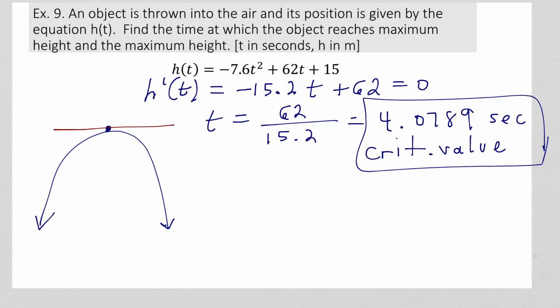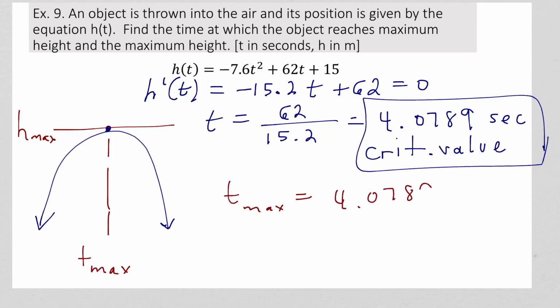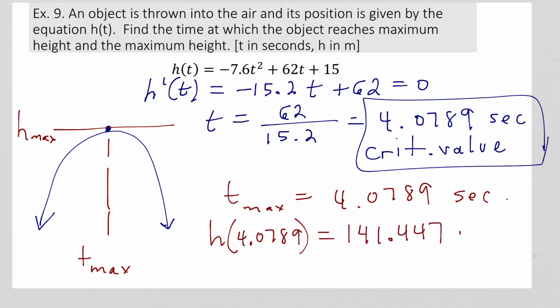So what I found there is this max time here corresponding to the maximum height. So t max, which is the time of maximum height, is 4.0789 seconds. h of 4.0789, if I substitute that into h of t, I get 141.447 meters.